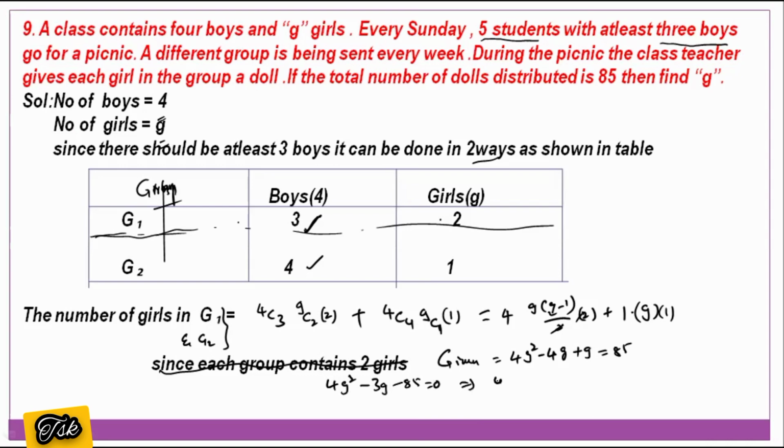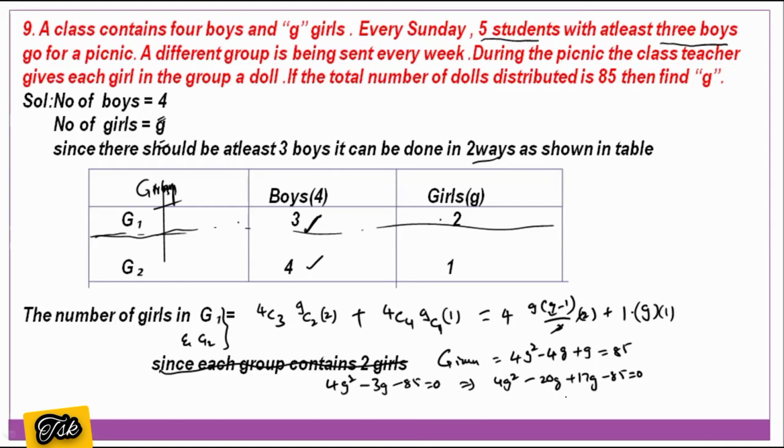This can be written as 4G square minus 20G plus 17G minus 85 is equal to 0. So 4 into 85 is 340, which is 17 into 20.